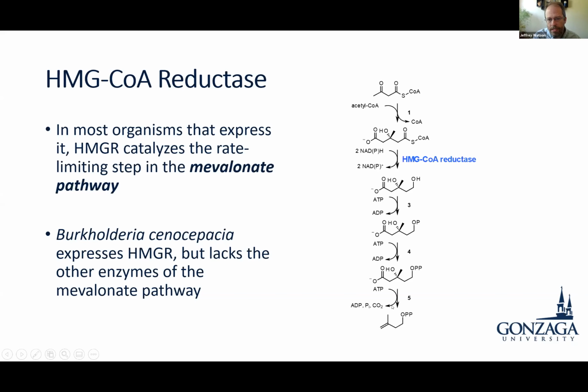In fact, it uses the non-mevalonate pathway for IPP biosynthesis, which doesn't require the presence of HMG-CoA reductase at all. So it led us to wonder just why does this organism even have this enzyme? And we're still trying to figure out what the physiological role of the enzyme in the bacterium is.